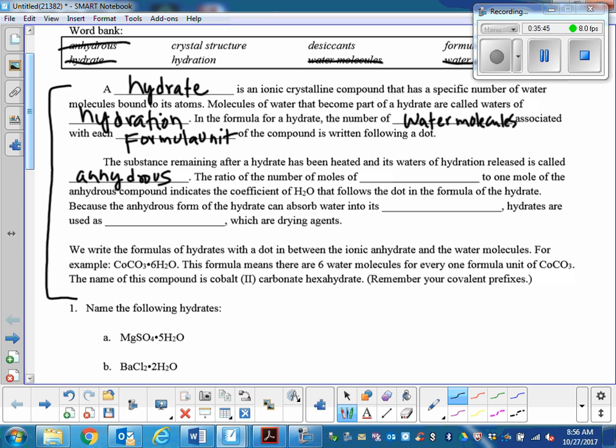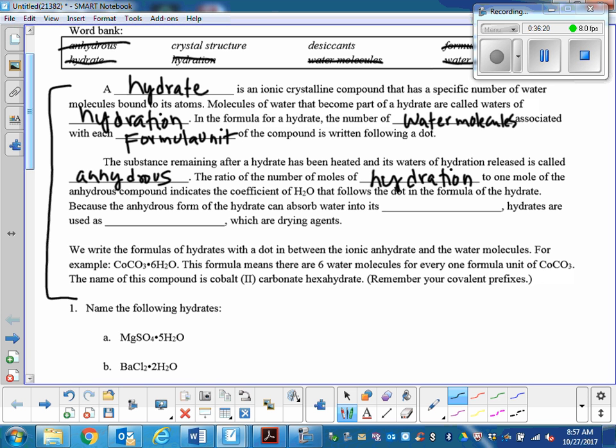The ratio of the number of moles of water of hydration to 1 mole of the anhydrous compound indicates the coefficient.